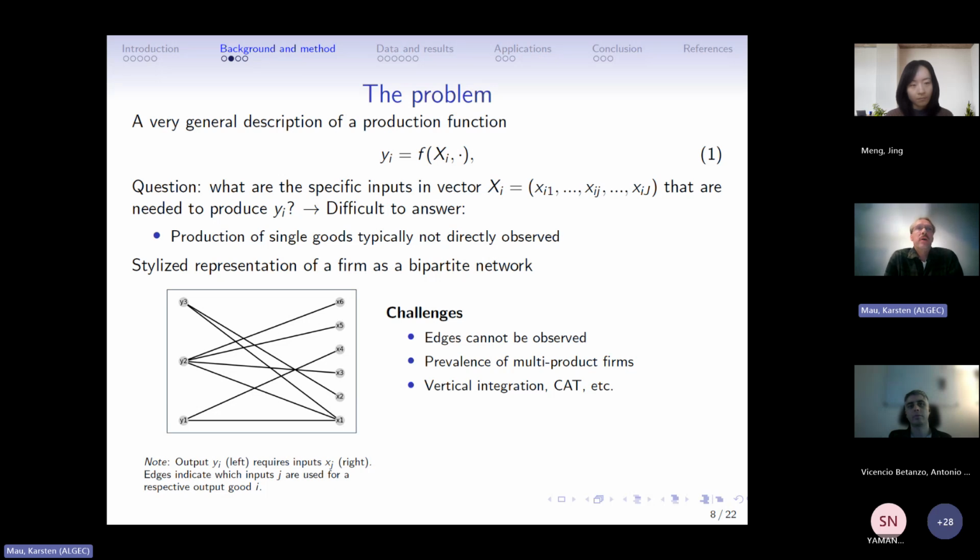So it could be that we see some Ys on the left side of this graph that we wrongly connect to inputs because they are in the export basket, but they are actually not produced with those inputs; they are maybe commissioned through some other intermediary or another firm. That is, of course, also a threat to identification with our method that we can try to get a handle on, but it depends very much on the kind of data that is going to be used to control this issue, right?